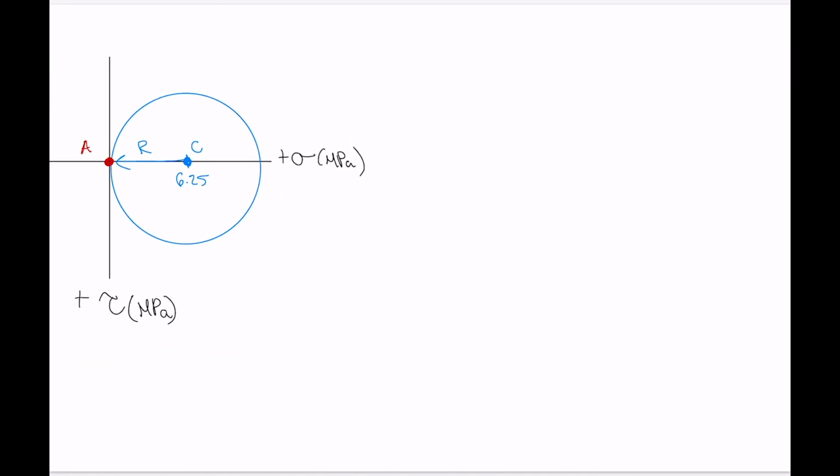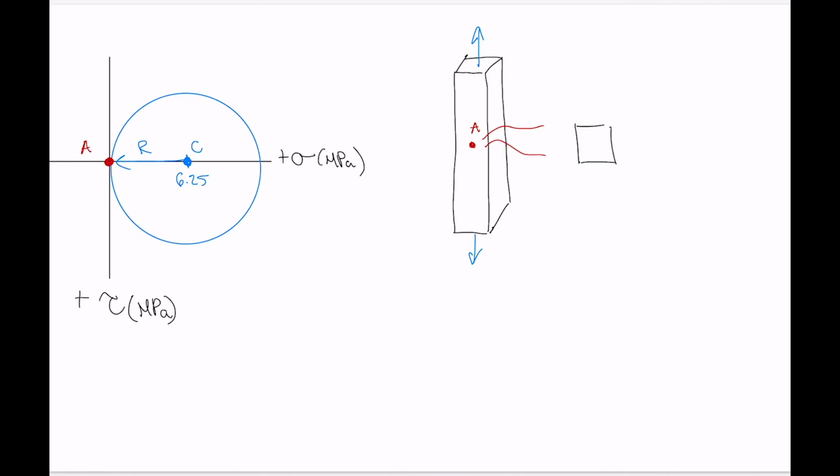Okay, so our original object looked like this. Okay, there we go. And point A was right here, point A. And we had drawn the in-plane representation of point A like this, where we had sigma subscript y because this was our x, y, z directions.